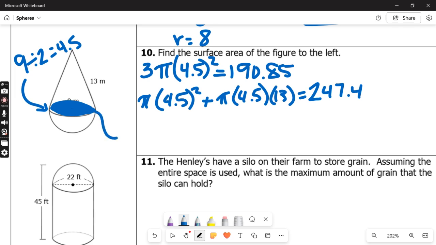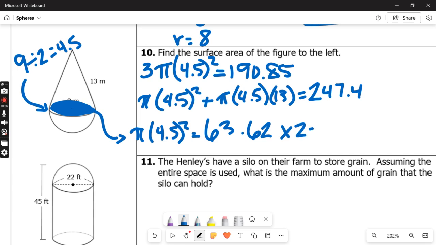So the area of that circle is going to be pi times 4.5 squared, which is 63.62. Okay, and I actually have two of these, so I'm going to multiply this by 2, which is 127.23.